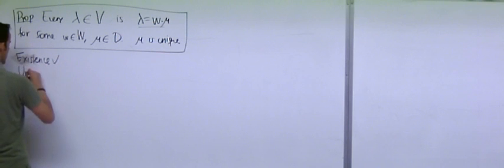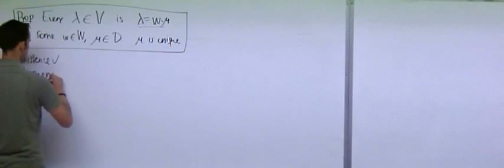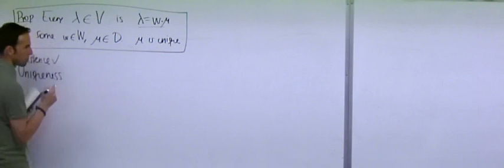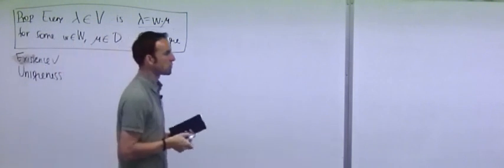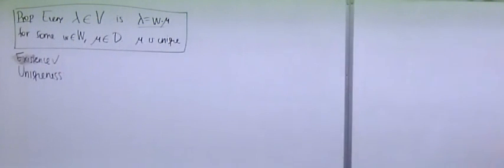And now I want to prove uniqueness. And of course, what that amounts to is basically proving that you cannot take one point in D and send it to a different point in D by the group.